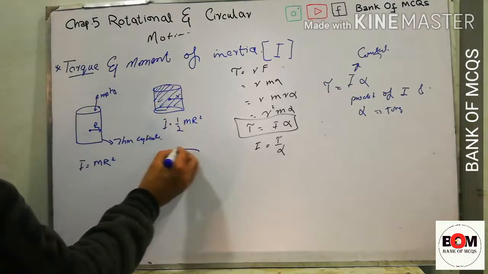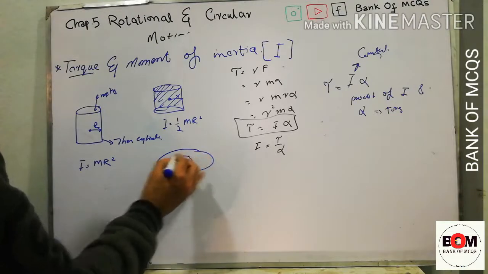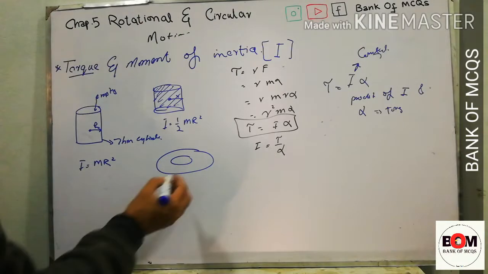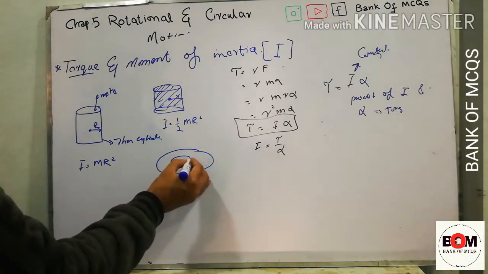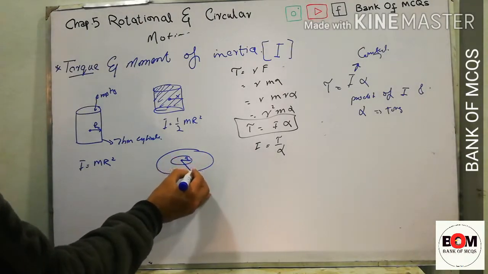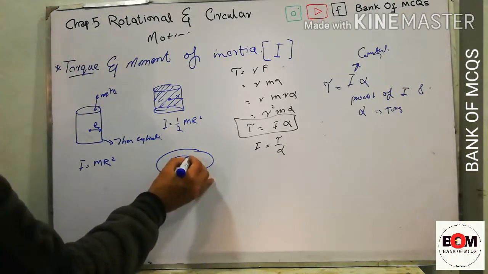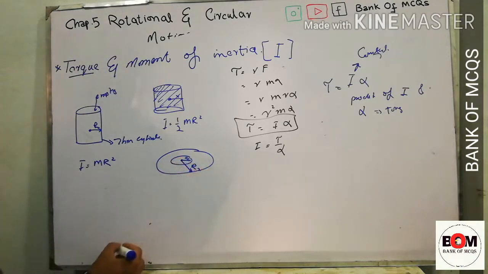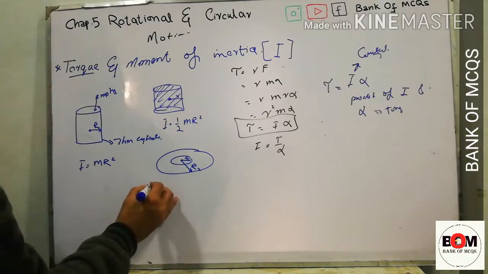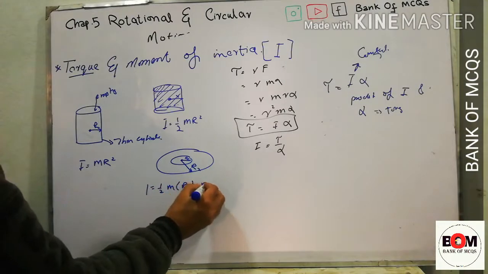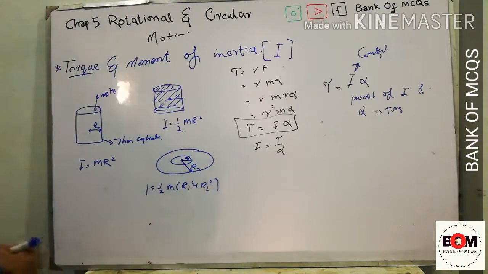The third is a simple disk that is empty inside, with two radii, this is R1 and this is R2. So its I value is equal to half into m times R1 square plus R2 square.